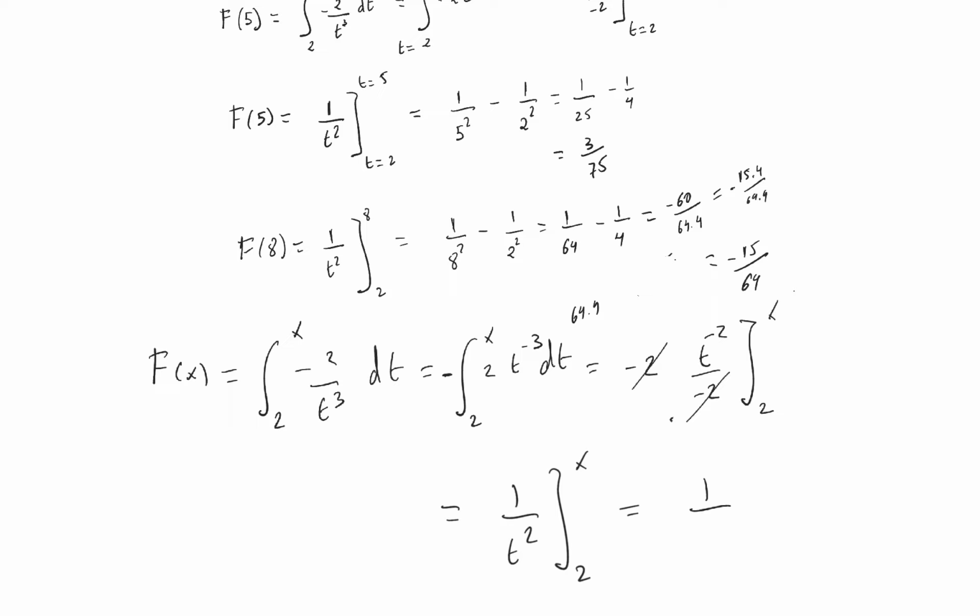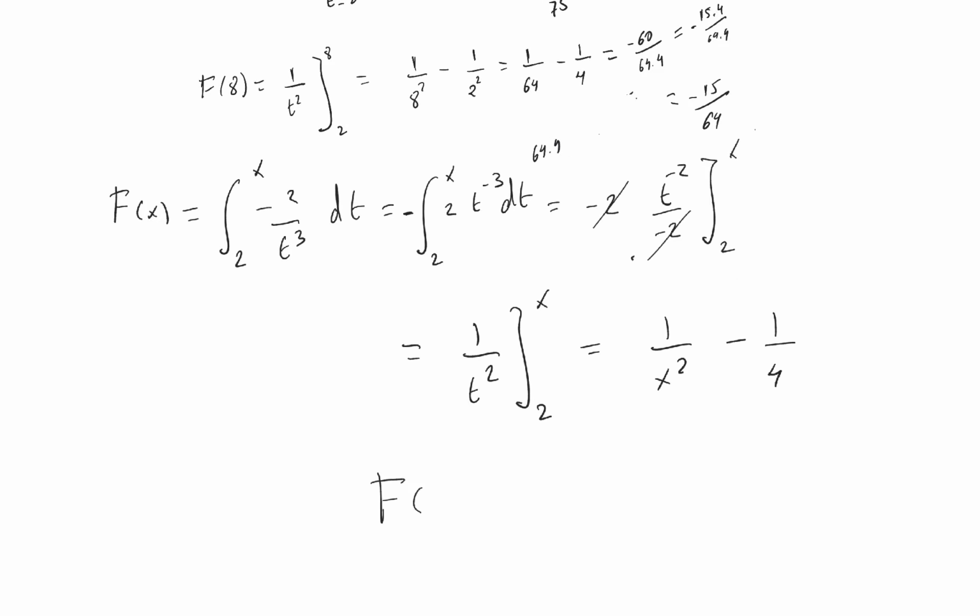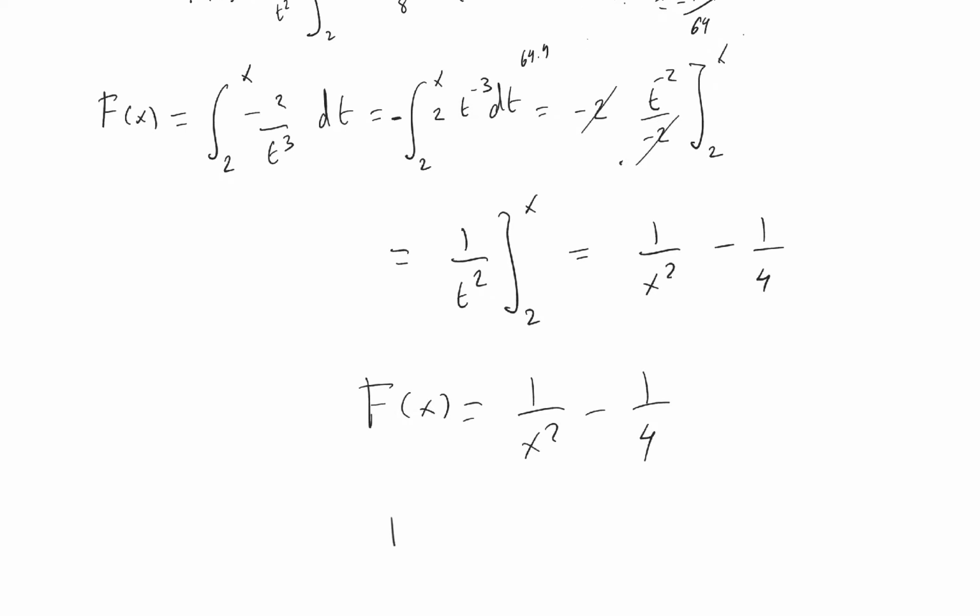So it will be 1 divided by x squared minus 1 divided by 4. So F of x is equal to 1 divided by x squared minus 1 over 4. So F of 2 is 1 divided by 4 minus 1 divided by 4, which is 0.